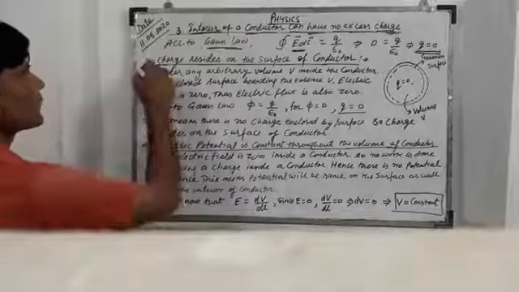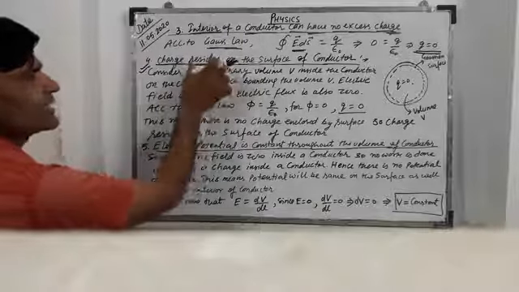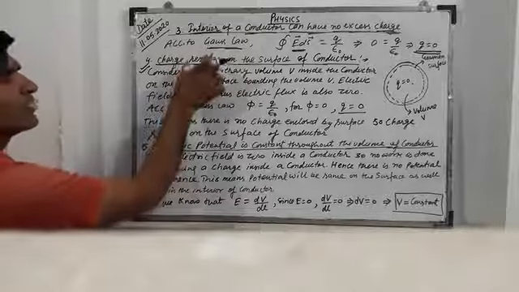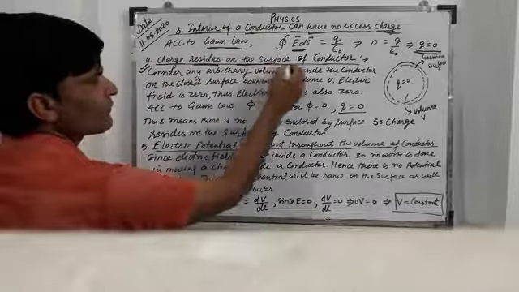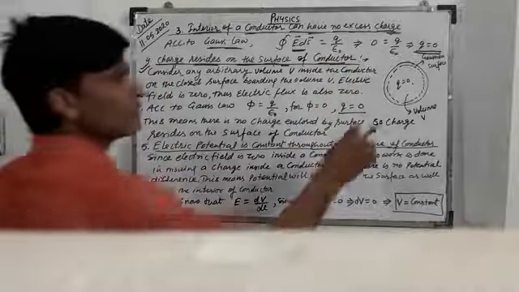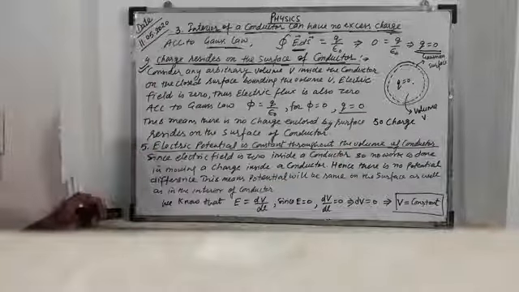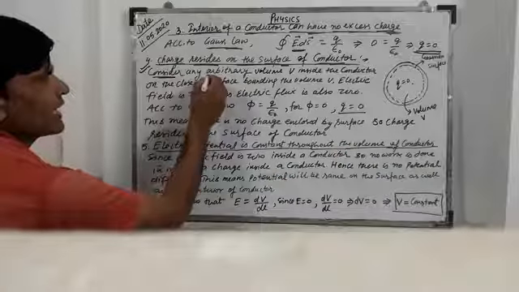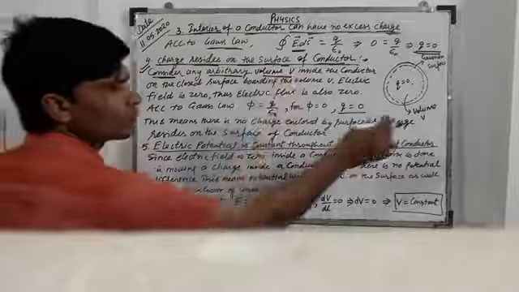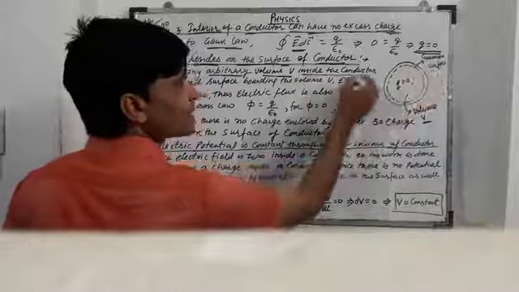The fourth point is charge resides, means charge is on the surface of conductor. For this, we are taking the help of this diagram. Consider any arbitrary volume V inside a conductor.